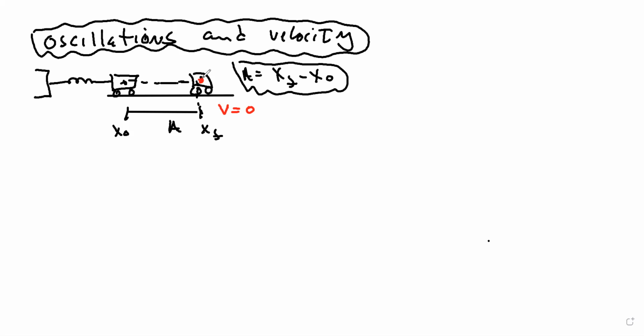So the total energy of this system is going to be 1/2 of the mass times velocity squared, that's kinetic energy, plus 1/2 of kx squared, where k is the spring constant.